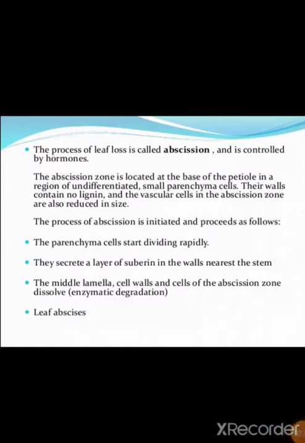The first step is that the parenchyma cells start dividing rapidly. They secrete a layer of suberin in the walls nearest the stem. The middle lamella and cell walls of the cells of the abscission zone dissolve due to enzymatic degradation activity. Leaf abscission, the last step.